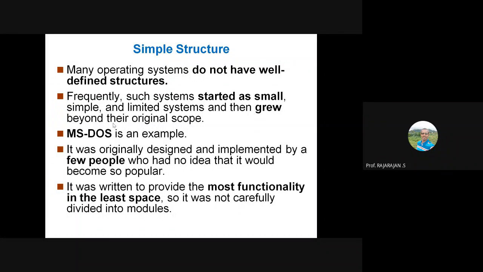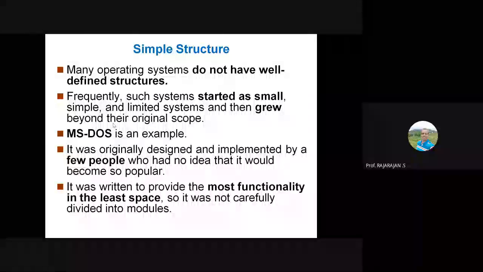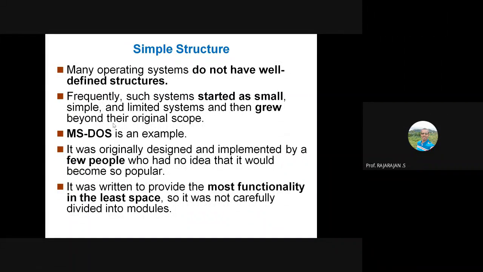By the time it was implemented, it was more like a passion. The person had some passion for coding, and he started writing an OS simply out of his passion or hobby. But it resulted in a successful product. As a result, it was not well structured.